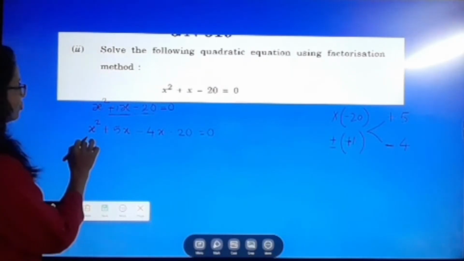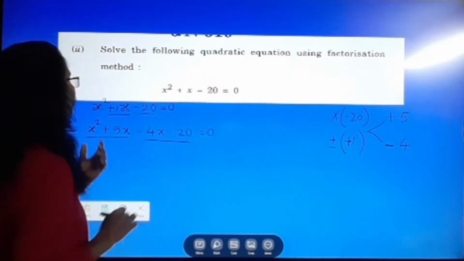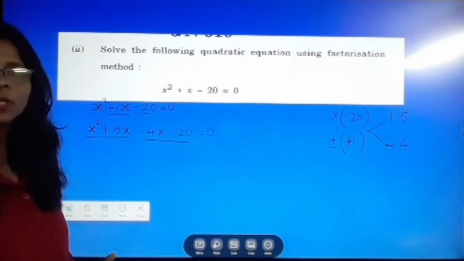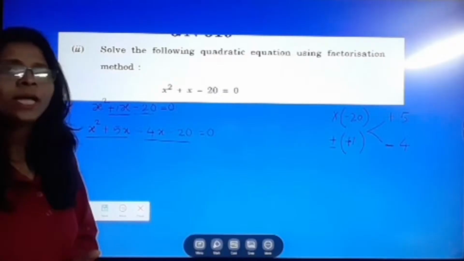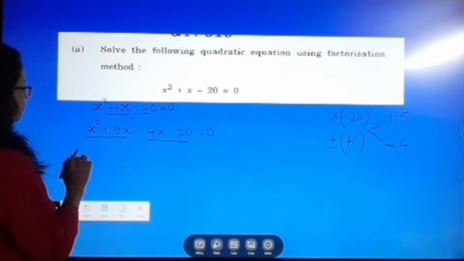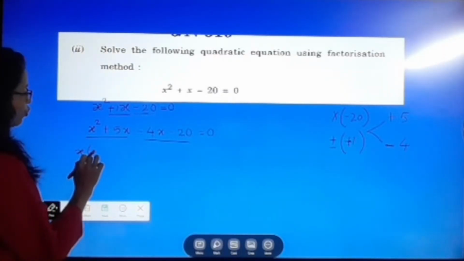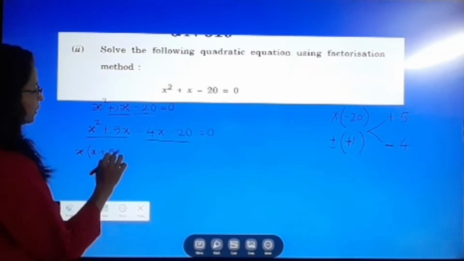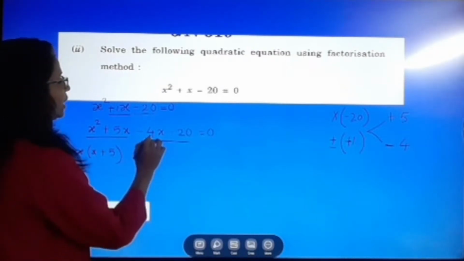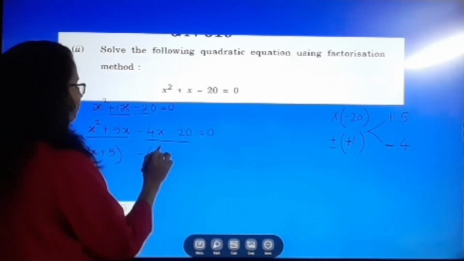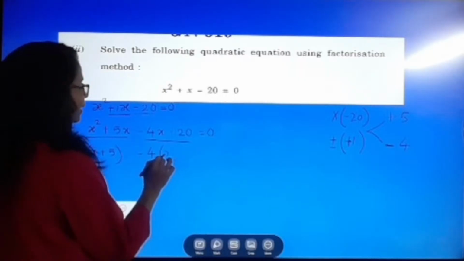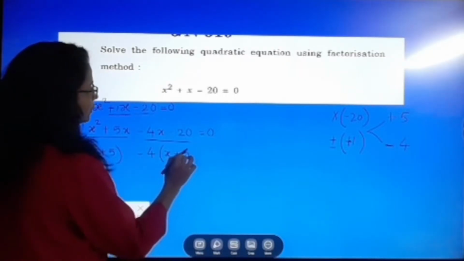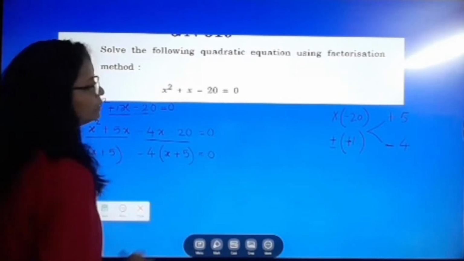Okay, now here, students, take the common factor from these two terms. Make a group of these two, and then the common factor from the first group will be x. So x plus 5 minus, the common factor from the other two terms is 4, and then x plus 5, is equal to 0.